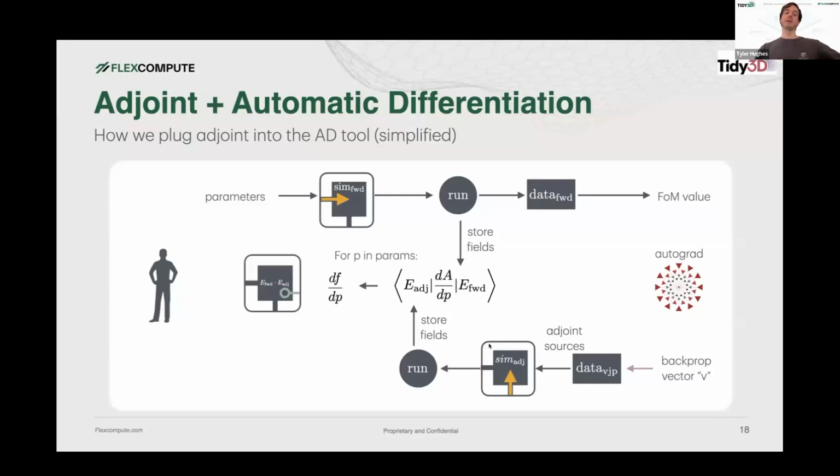And then once we have that, we compute this inner product, we get the gradient, and then we package it for AutoGrad. And then AutoGrad says, thanks a lot, and it continues with its gradient calculation. So we've plugged all this adjoint stuff directly into AutoGrad so that it happens behind the scenes. And when you ask for grad, you just notice one more simulation kicking off, and then your gradient gets spit out. So it's essentially a seamless process.